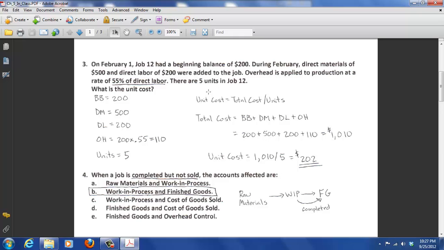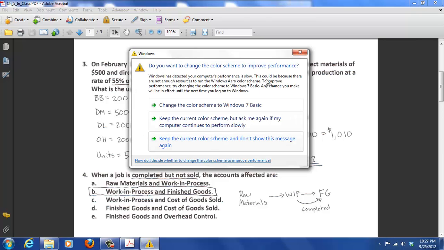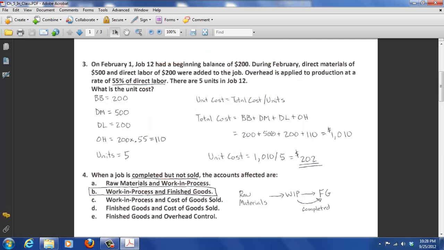And our total cost here is going to include the beginning balance of 200, direct materials of 500, direct labor of 200, and also that overhead that we calculated of 110. So adding all these values up, we see that our total cost is $1,010.